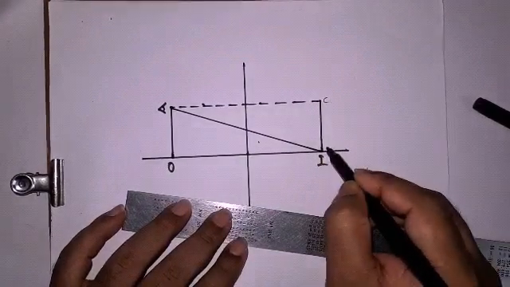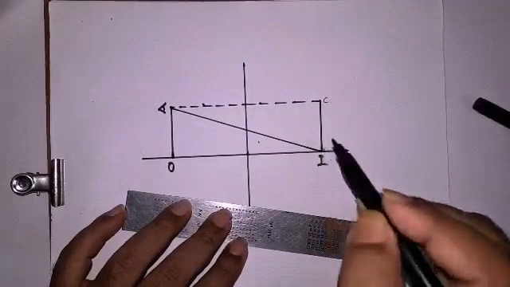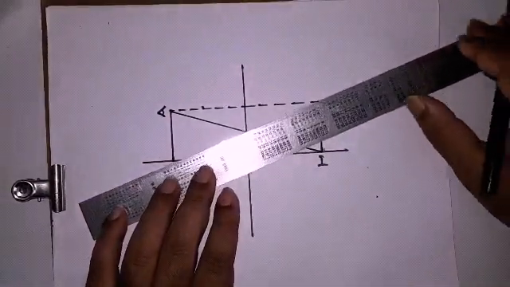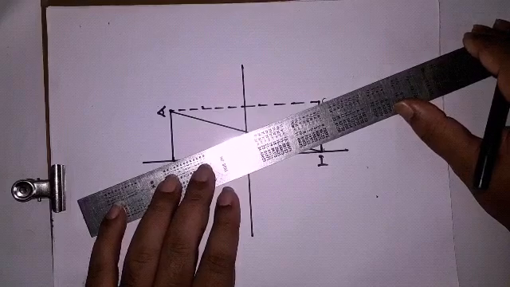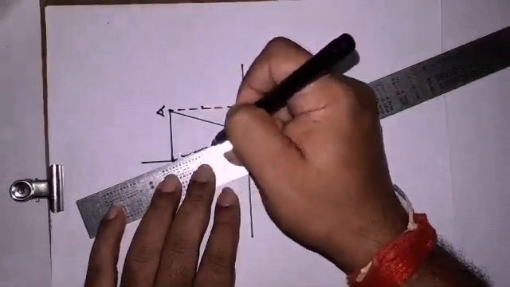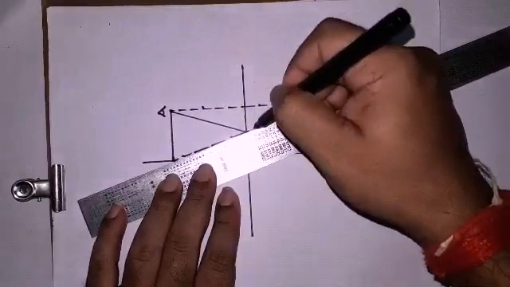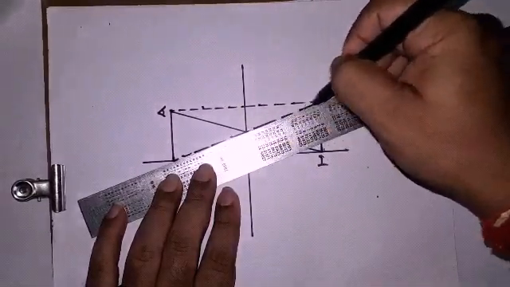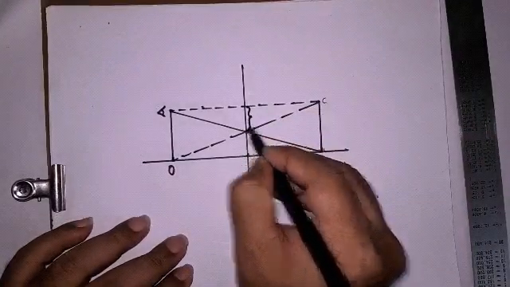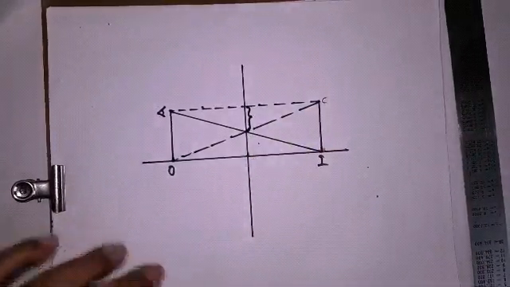This is the head, this is the foot of that person. So what we see is that if we intersect this diagonal, it intersects just halfway along the person's or the object's height. That means this much size is only required.